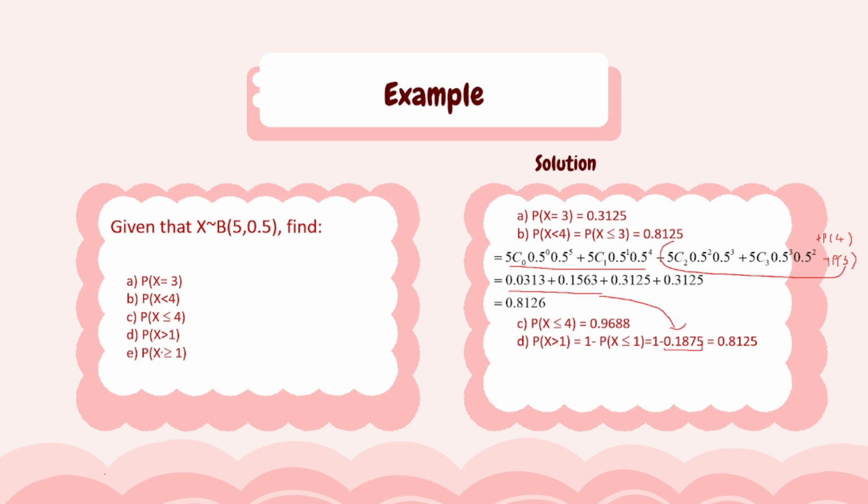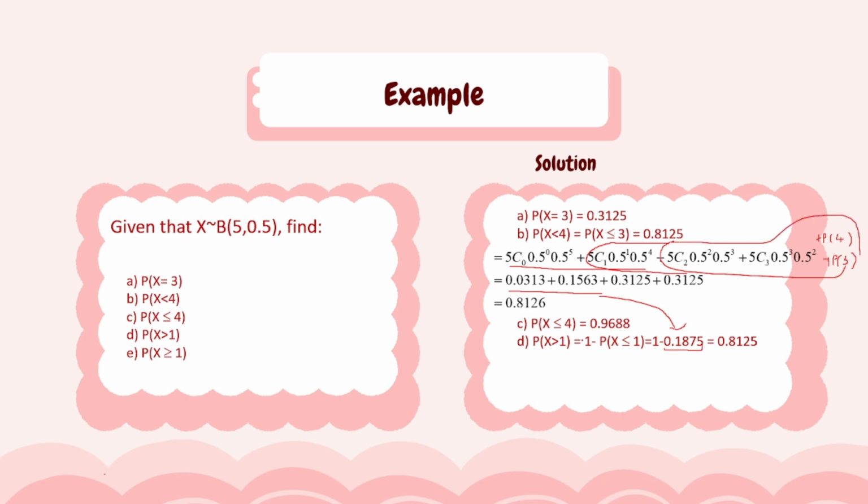If you want probability of x greater than or equal to 1, using the calculator, we will take the probability of 1, total is 1, minus probability of x... sorry, greater than or equal to 1, so inclusive of this.